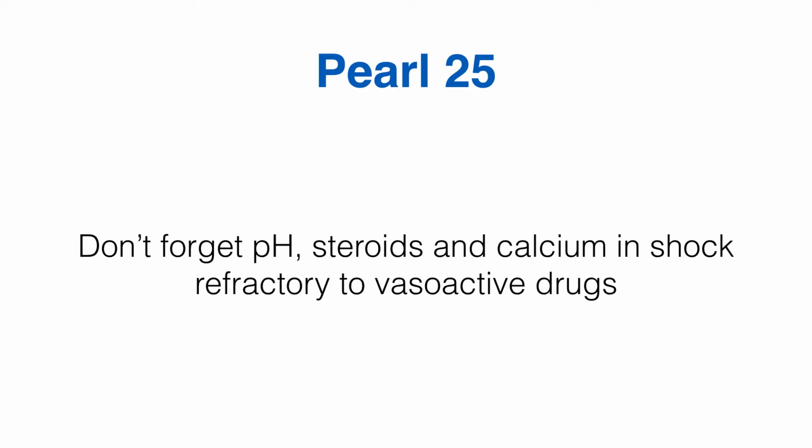I like to split this up into mechanical causes, surgical causes, cardiac causes and others. Under the mechanical causes, these are things like a tension pneumothorax, a pericardial effusion causing tamponade, and abdominal compartment syndrome. The surgical things: anything nasty in the tummy can obviously cause hemodynamic instability, but in particular think about intussusception, volvulus, and bleeding.